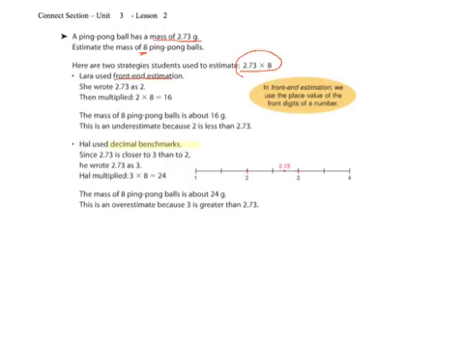Remember, we use the place value of the front digits in front-end estimation. So 2.73 just becomes 2, and 8 stays 8. So 2 times 8 is 16. With decimal estimation, you should end up with whole numbers, not decimal numbers. Okay, so you're making them into a whole number to work with.